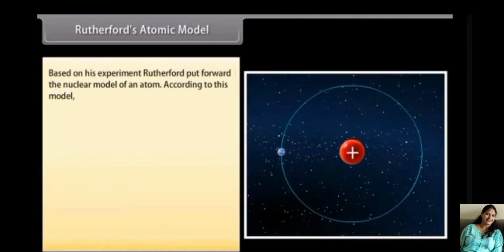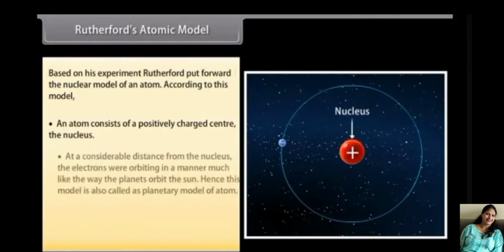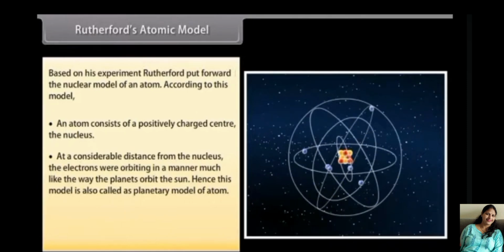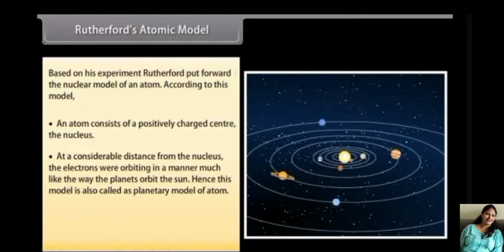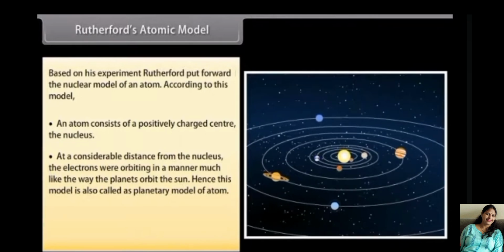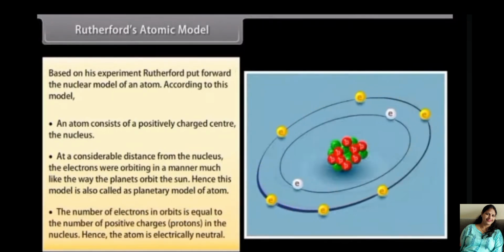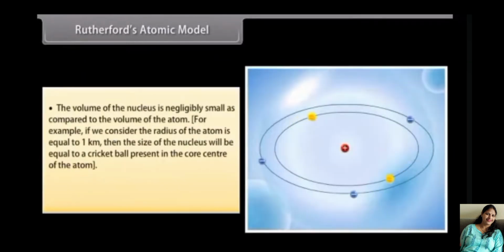Based on his experiment, Rutherford put forward the nuclear model of an atom. According to this model, an atom consists of a positively charged center, the nucleus. At a considerable distance from the nucleus, the electrons were orbiting much like the way the planets orbit the sun. This model is also called the planetary model of atom. The number of electrons in orbit is equal to the number of positive charges in the nucleus.